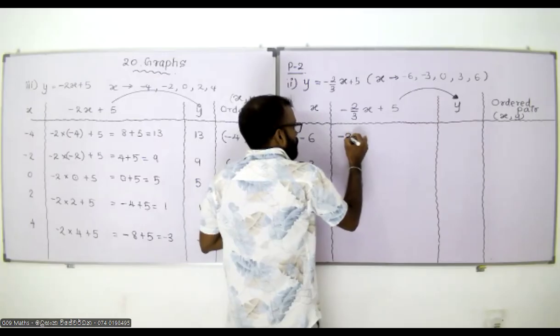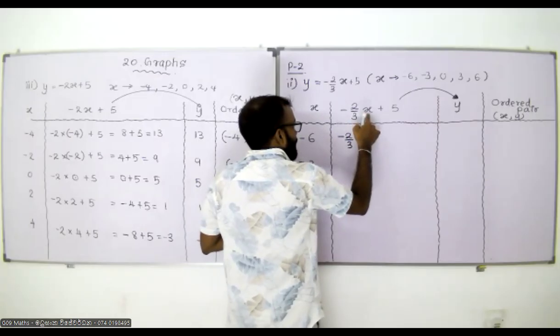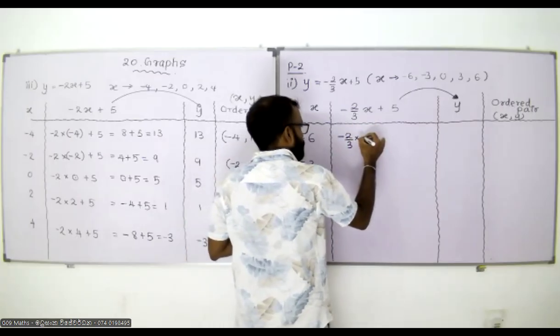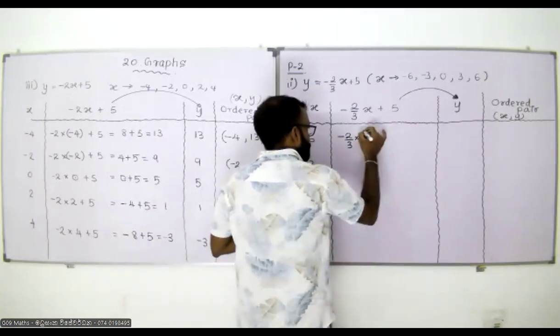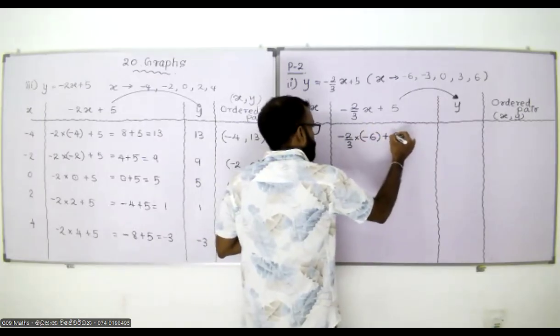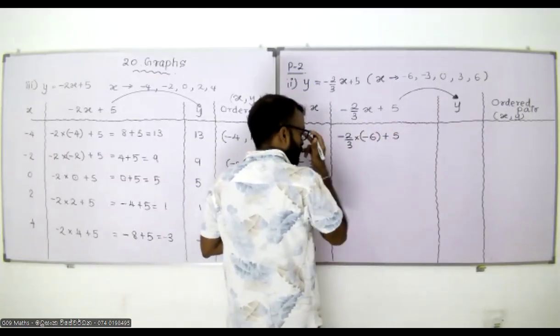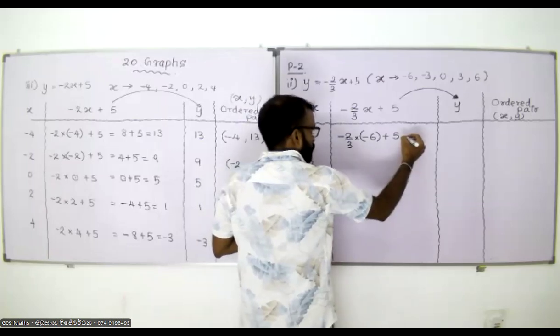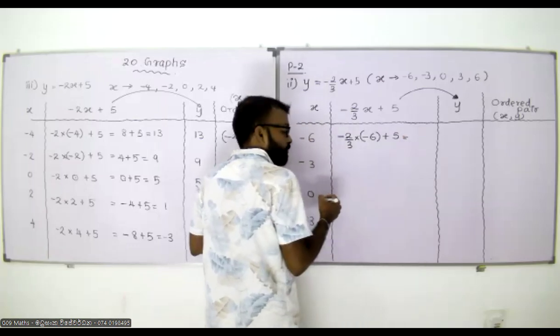So I am going to substitute those values one by one. -2/3 x. Instead of x, I am going to substitute -6, plus 5. Right? Then how to simplify that?